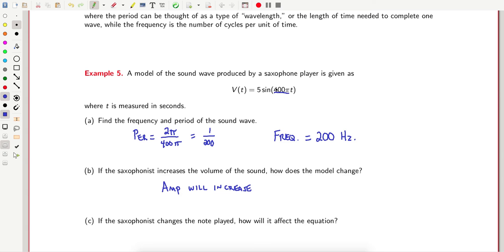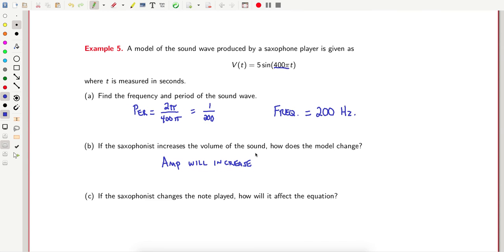Forgive me, my memory is not as good here, but a typical A, like a tuning fork, would have a 440 here. So this is going to be below that. So this might be a G or an F sharp or an F. I really don't know off the top of my head. That's something I could look up.